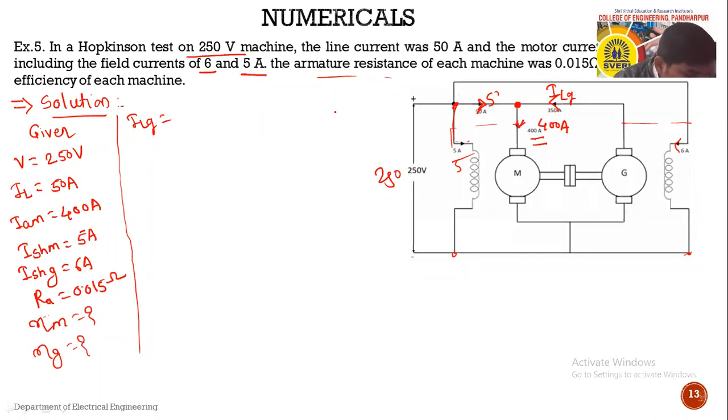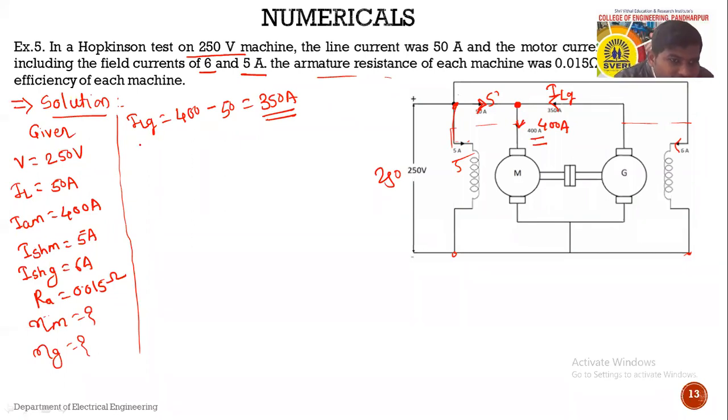Sum of incoming current is equal to outgoing current. Outgoing current आहे आपल्याकडे 400 आणि सप्लायचा करंट पण आहे 50. इट इज नथिंग बट 350.